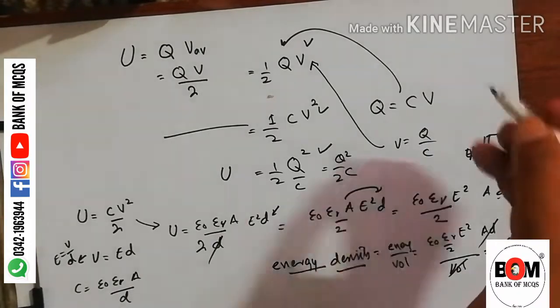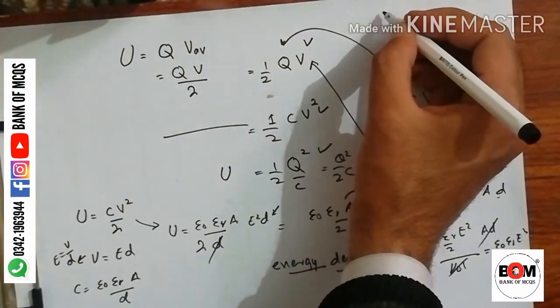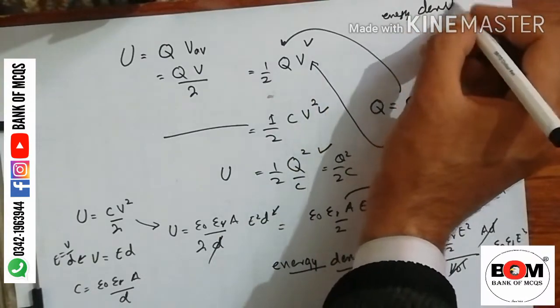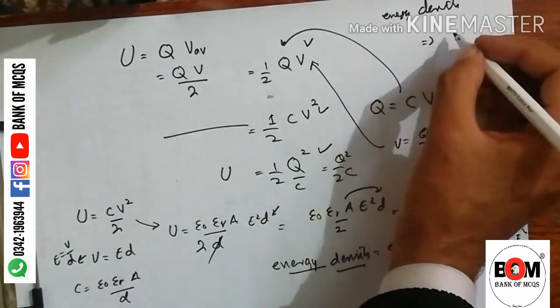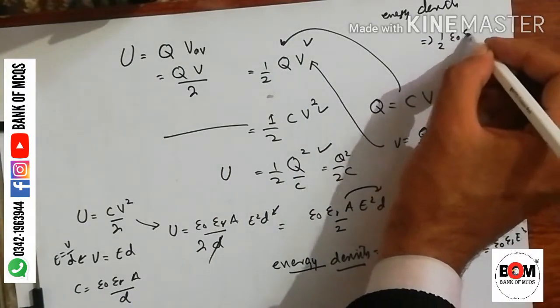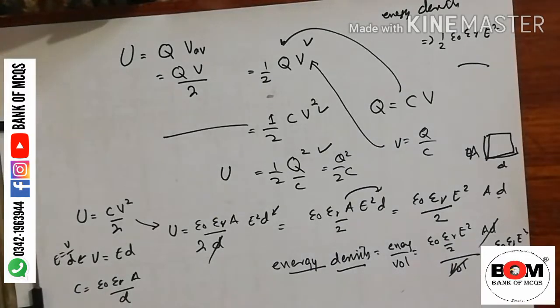In ETEA 2018, there was an MCQ like which one of the following equations shows the energy density equation. In the options, there were options like this: half epsilon naught epsilon r into E square. So this is the equation for energy density.